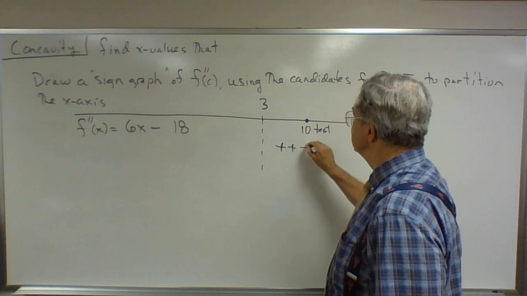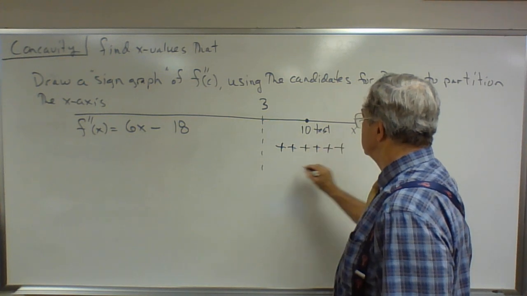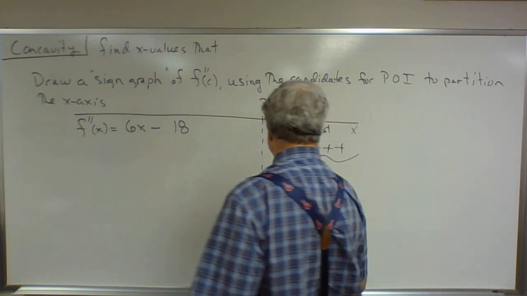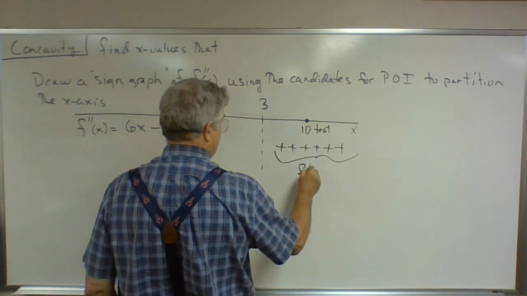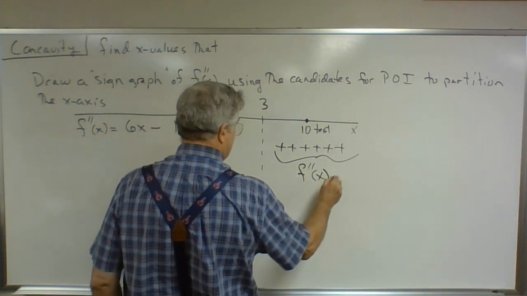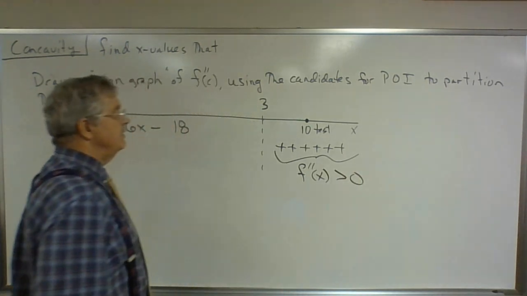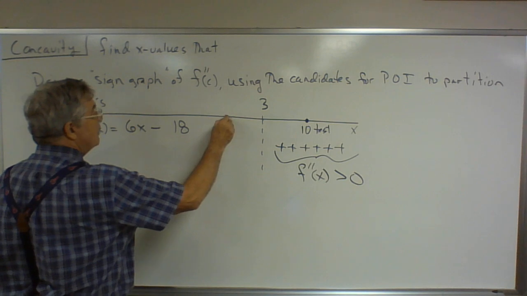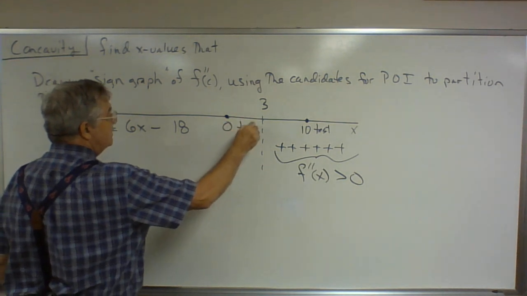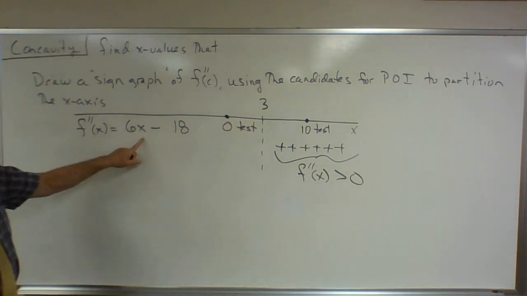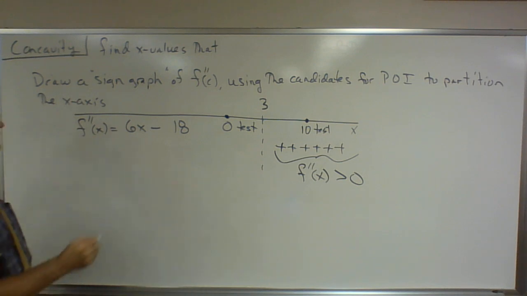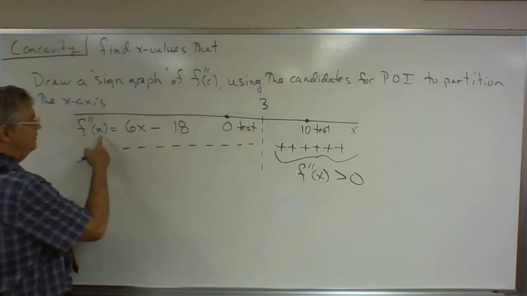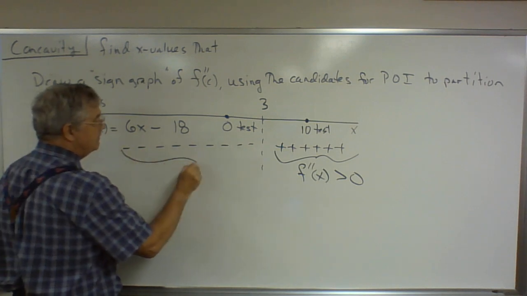That's positive. So here the second derivative is positive. 0 is a good point to plug in. I plug in 0 here, we get negative 18. So every point in this interval makes the second derivative negative.